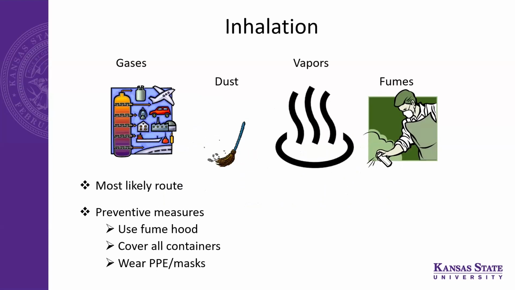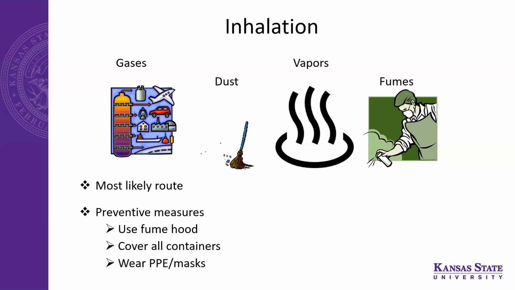The first is inhalation, and it is the most likely route of exposure to chemicals, because you can inhale things without notice. There are gases, dusts, chemical vapors, and fumes in a chemistry lab. To prevent inhalation, these are the preventive measures you can take. Use a fume hood. That's the safest way to get rid of chemical vapors.